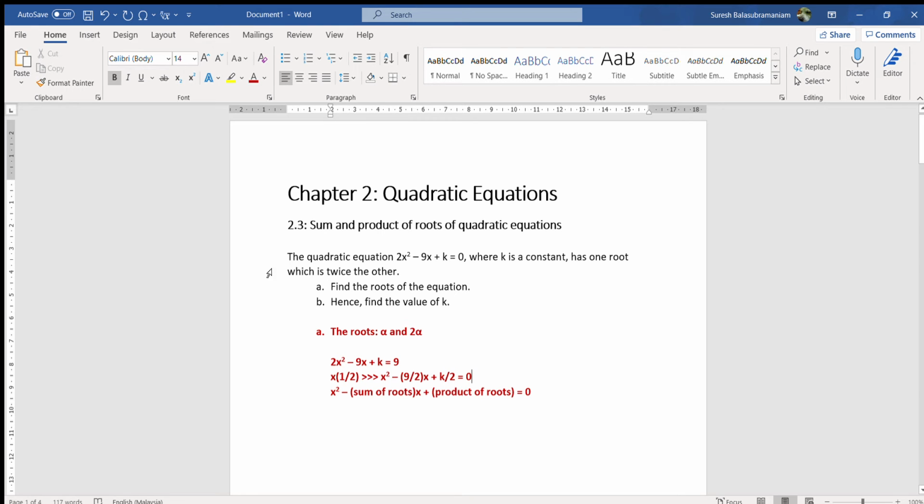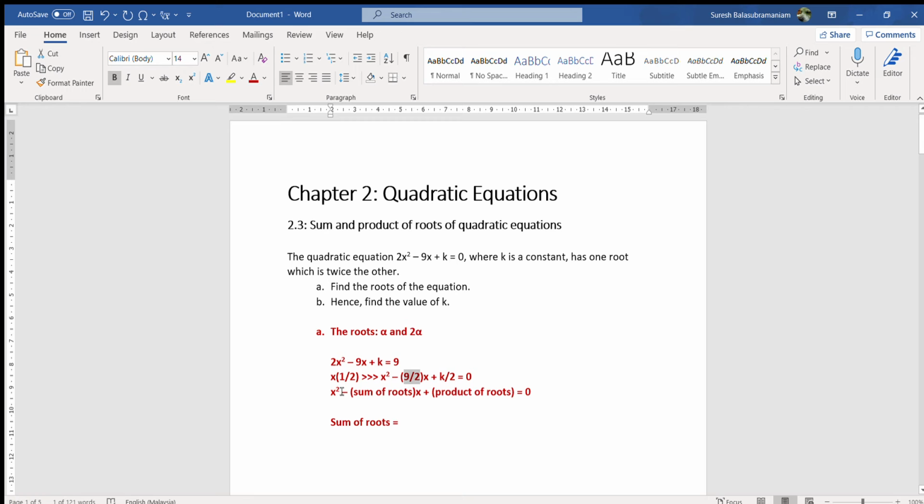Okay, now we have this equation in the standard format, so from that I can make a deduction. The first one is sum of roots. Sum of roots is equal to whatever is in this bracket.